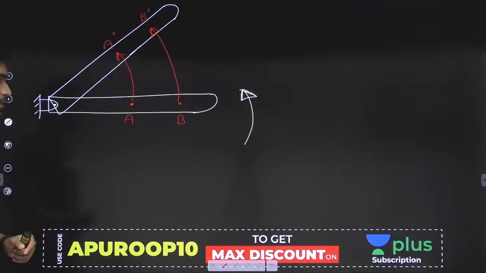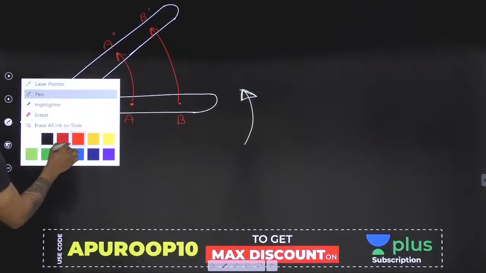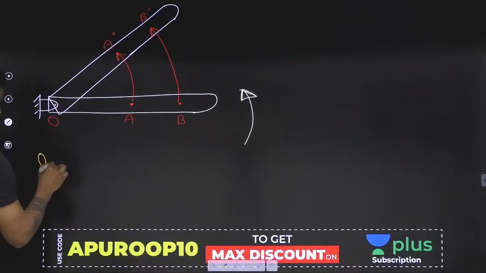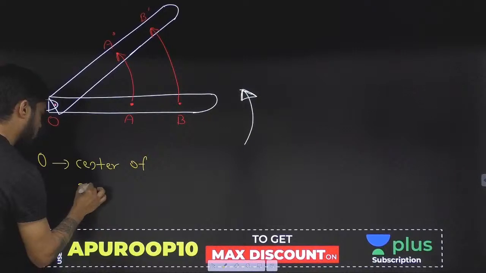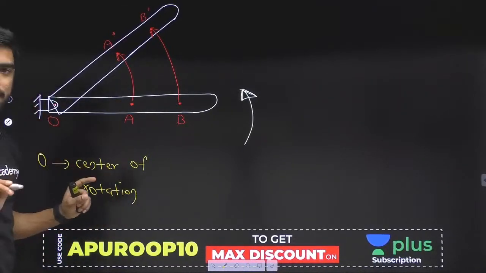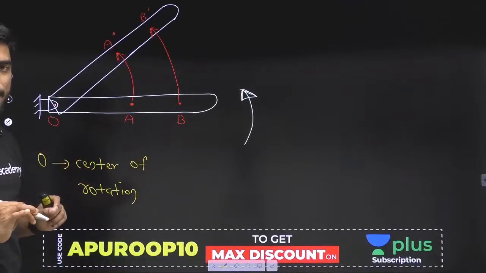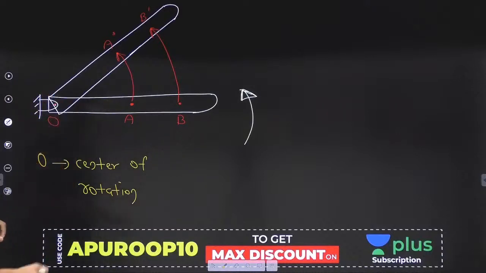This was our example, right? Now this is the center of rotation. O is the center of rotation, which is fixed.